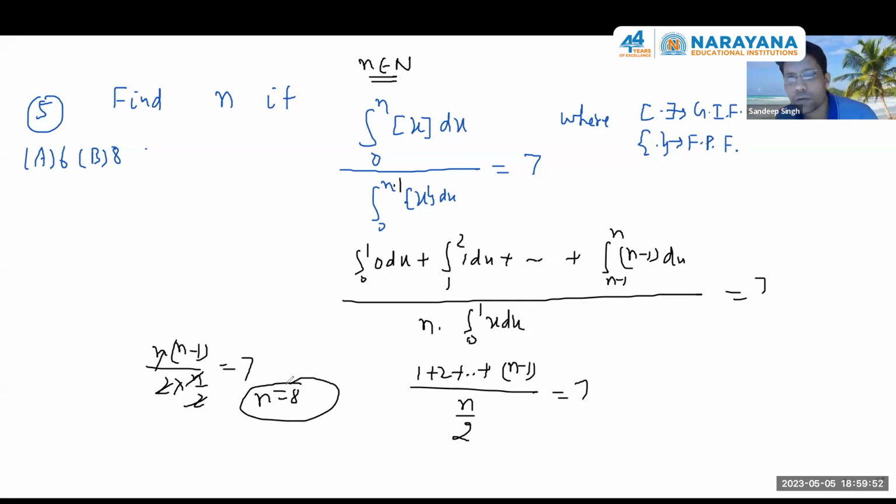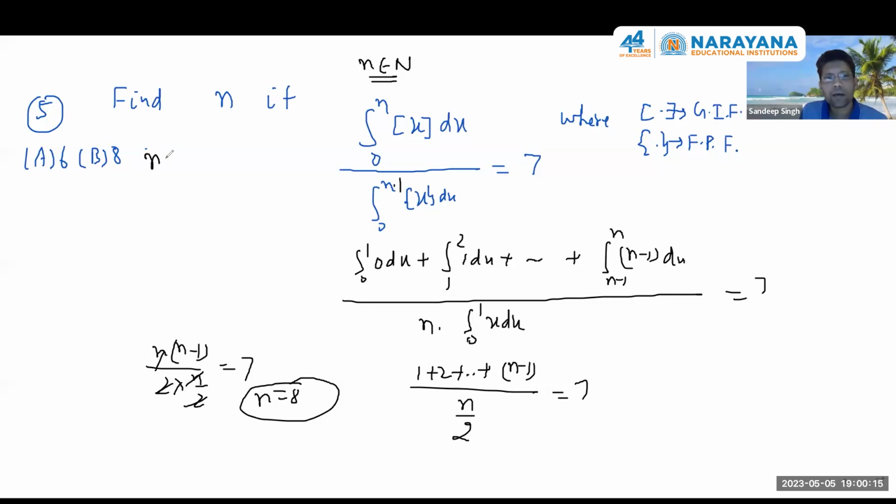As someone pointed out, suppose n was not given as a natural number, तब मुझे क्या करना पड़ता? Even then, obviously, there are two cases. Either it is a natural number, or I could have taken n as some integer plus f. Are you getting the point? तो इस केस में ये हो गया.